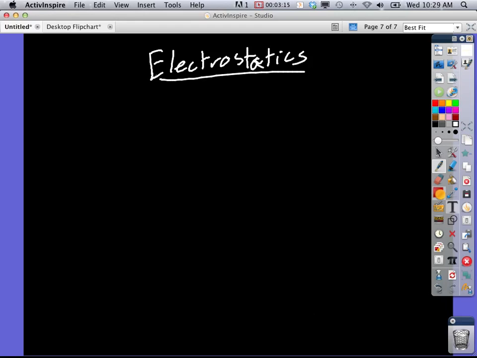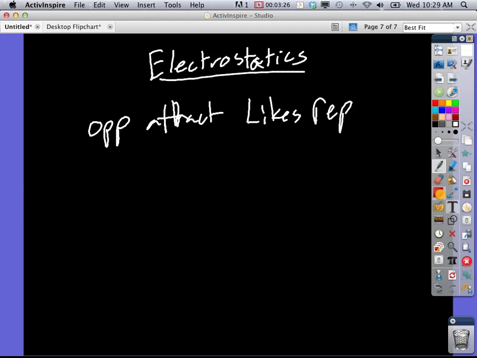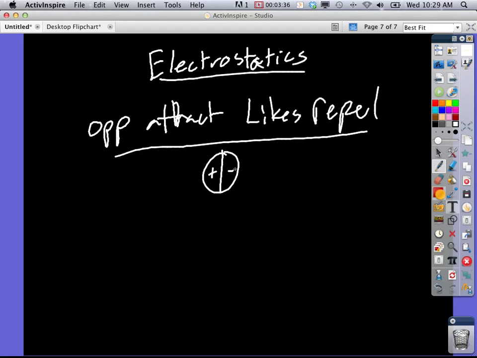Okay, electrostatics. What is the fundamental concept behind electrostatics? Opposites attract and likes repel. That's the fundamental concept. If we take a particle that has plus and minus, and we separate the plus and the minus, what did we have to do to break those things apart?